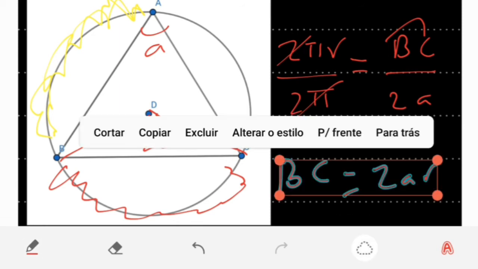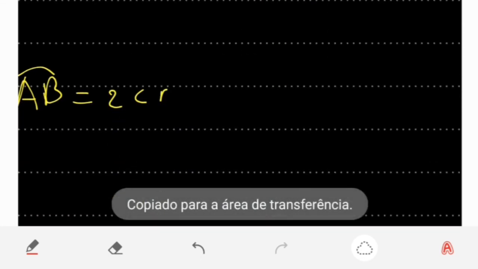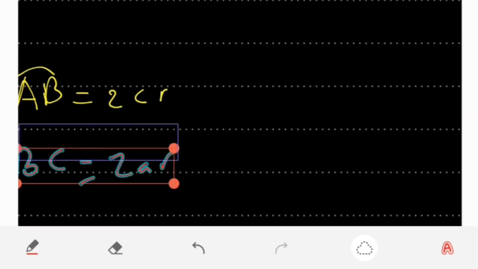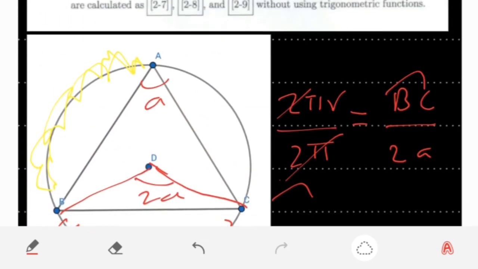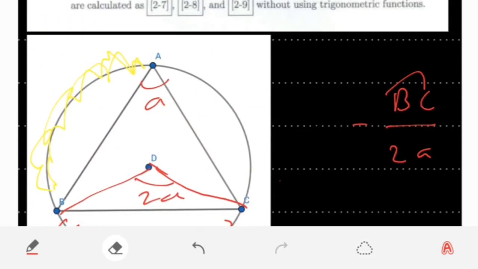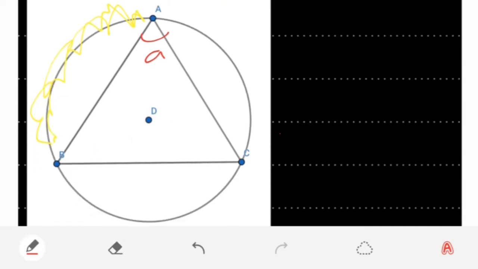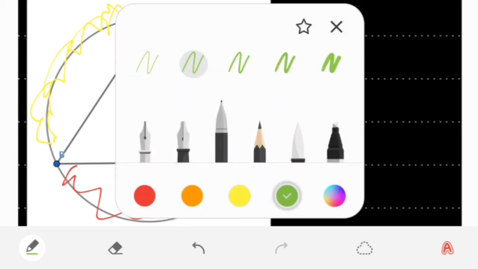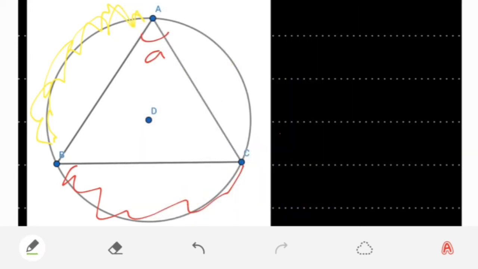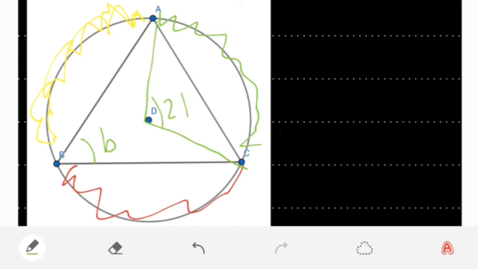So we have this next information over here. Okay, now for the last one, same thing that we did till now. So for the last one, let's use a green color. So again the same thing. So this arc over here, this is the angle B, so this is 2B, right?